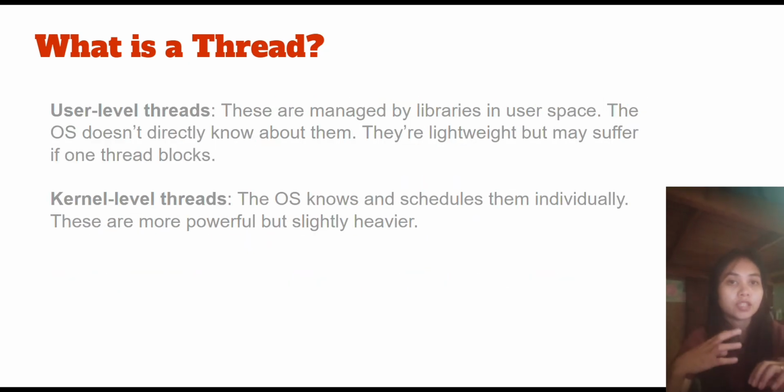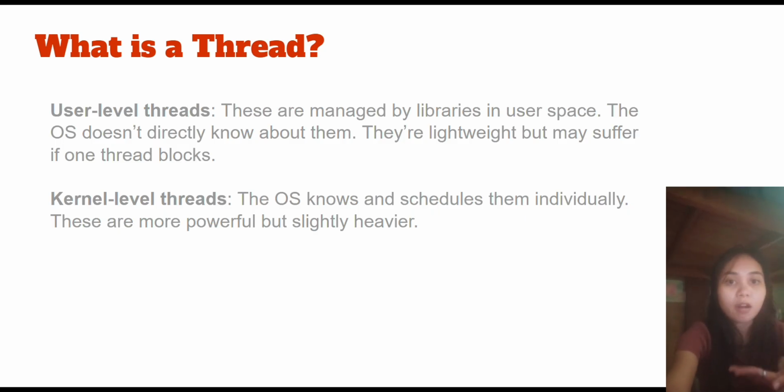These are managed by libraries in user space, and the OS doesn't directly know about them. They're lightweight but may suffer if one thread blocks. And the next type is yung kernel level threads. The OS knows and schedules them individually. So these are more powerful, but they are slightly heavier.